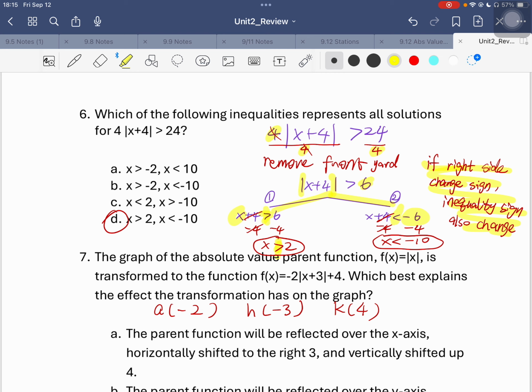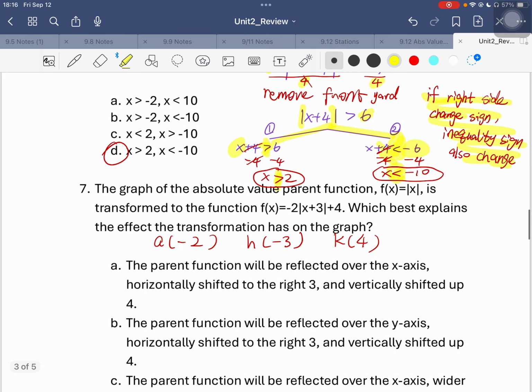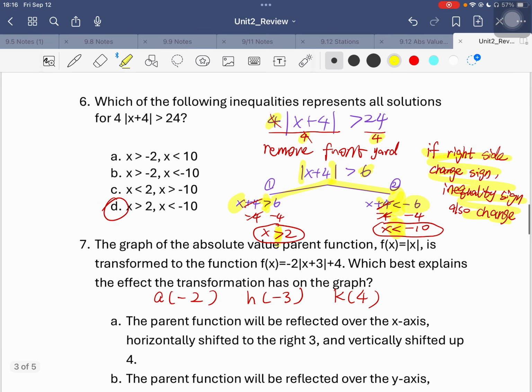Subtract 4 on both sides to get rid of the 4. We have x less than -10. If we already have less than here, just bring it down. Don't change it. So for this inequality question, you only need to flip the inequality sign once.